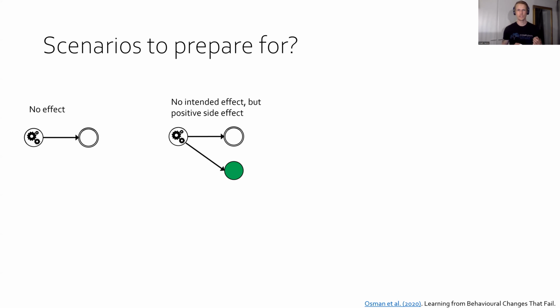The next one is that it doesn't have the intended effect, but there's some positive side effect. And if you have a positive side effect, you better be prepared to capitalize on it, because it might be something very important that you didn't think about, but that arises from your interactions with the environment.